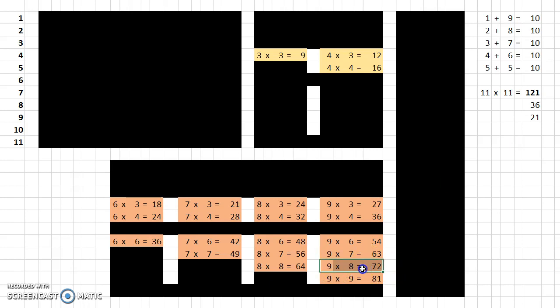So we have 9 times 8 here, which is 72, but if you don't know that and you have a hard time calculating that out, it would be easy for you to round off the 9, which is closest to the 10. So you make it 10 times 8, and you will know that it's 80, right? So when you get 10 times 8 is 80, well, then you can jump back 10 numbers, right?